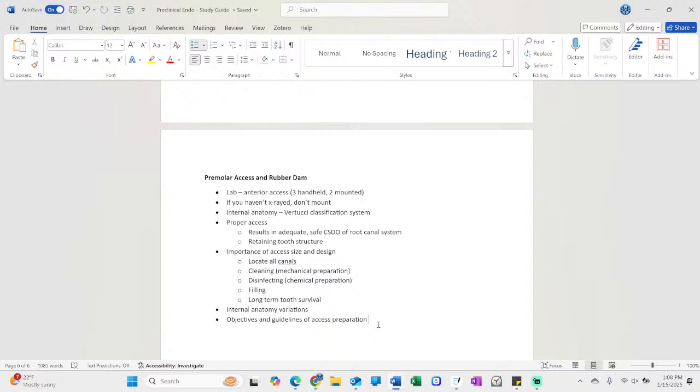The only time you may not do that is, say, on the distal of a second molar, the most posterior tooth, where you may preserve a little bit of the distal or some of your walls to make sure you have proper isolation when irrigating. It makes it a little bit easier with the sodium hypochlorite, but that's in limited cases.